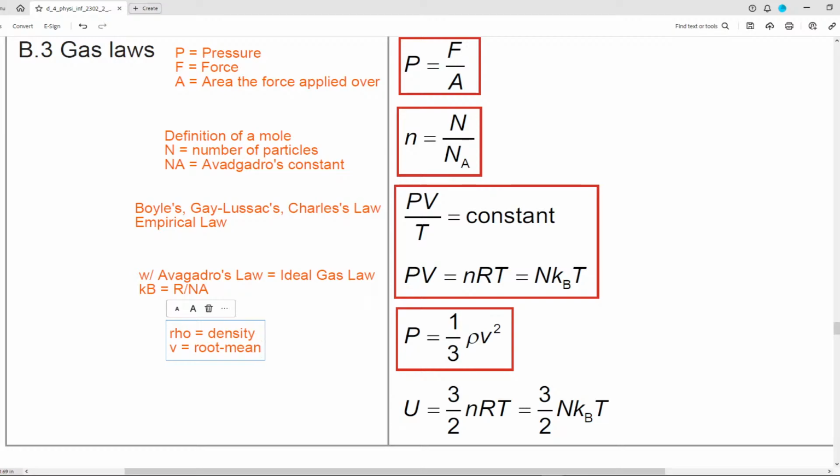Root mean square speed, I will not derive it here, but it's what we mean by quote-unquote average speed when we normally talk about particles, because there are so many of them, and how they relate to kinetic energy. So we can actually calculate pressure this way.